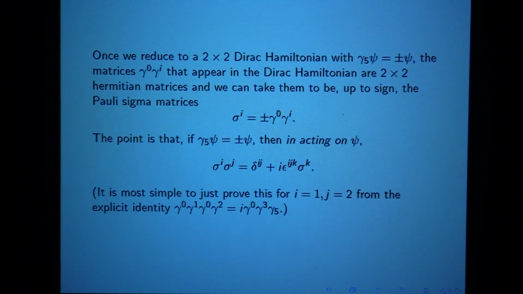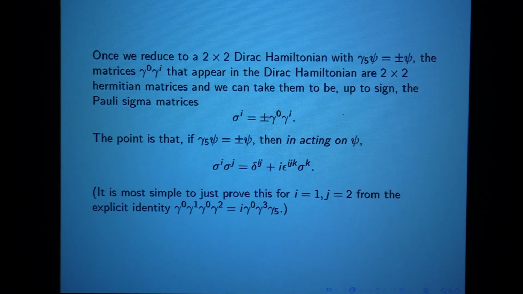But to express it in a form similar to what we had when we discussed the band crossing, we have to proceed as follows. Once we impose the condition that gamma 5 psi is psi, the matrices that appear in the Hamiltonian become 2 by 2 matrices because psi only has 2 components. And we can take them up to sign to be the Pauli matrices.